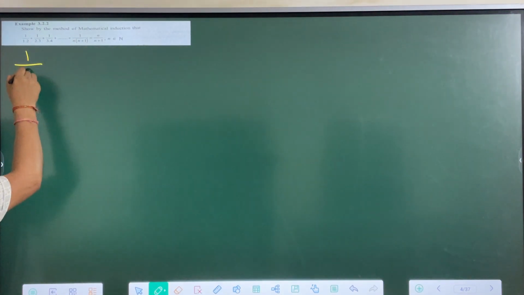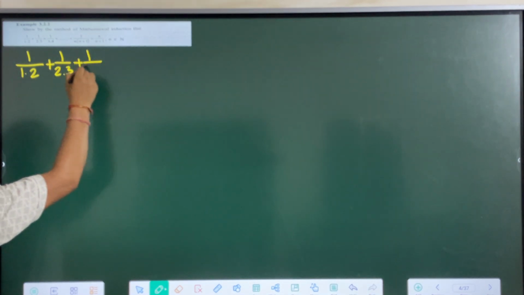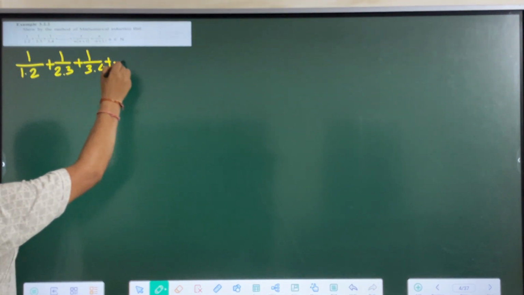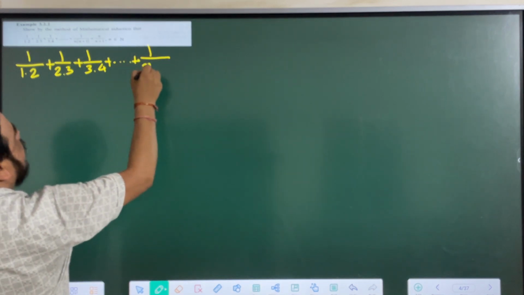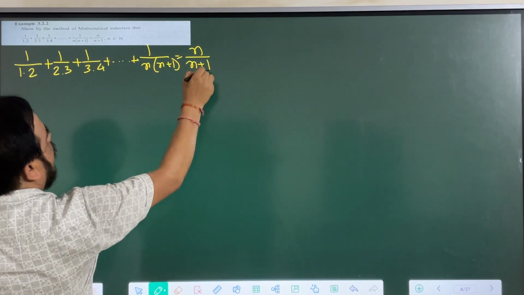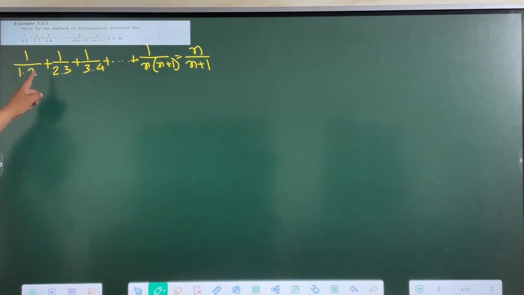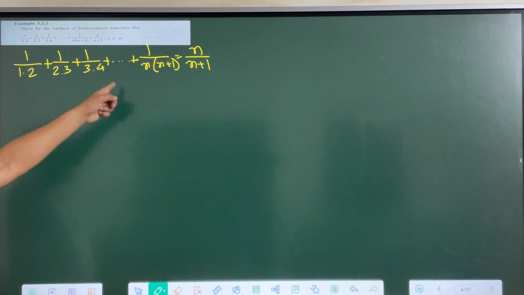1 by 1.2, 1 by 2 into 3, 1 by 3 into 4, 1 by n into n plus 1 equals to n by n plus 1. This is left hand side, this is right hand side. 1 into 2, 2 into 3, 3 into 4, n into n plus 1.